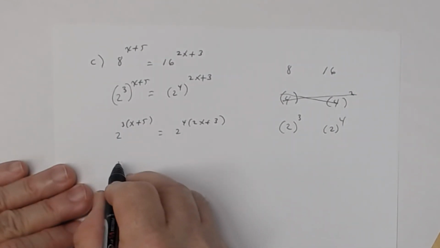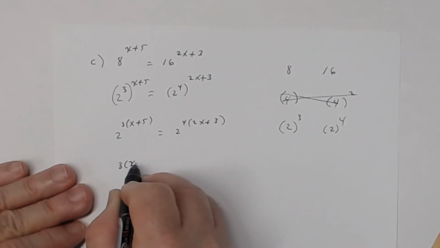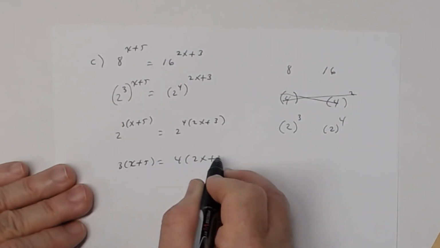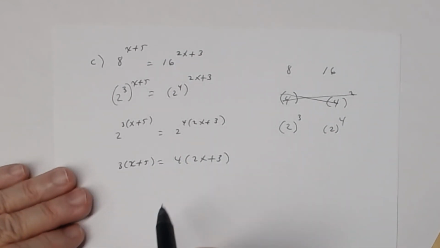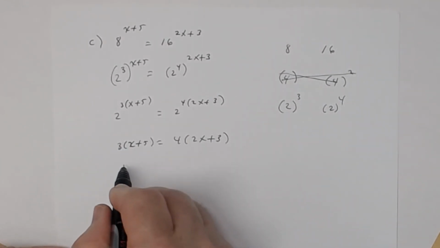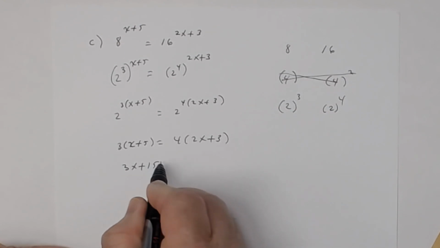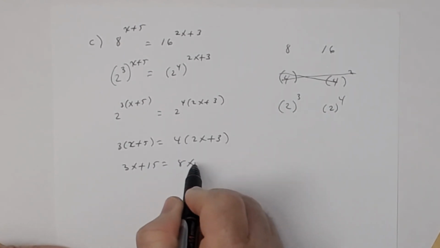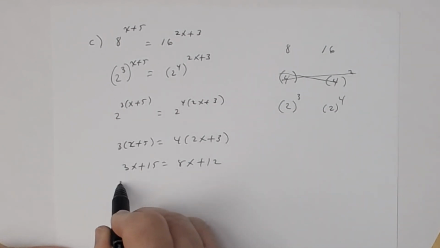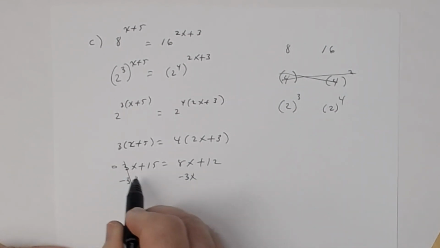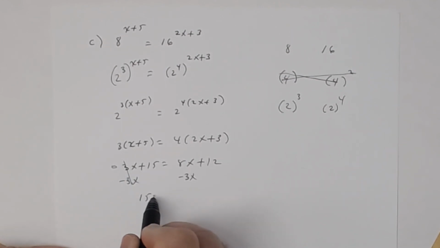So we're going to say 3 times x plus 5 must equal 4 times 2x plus 3. And then we're going to solve this linear equation. So I'm going to use the distributive property. So I get 3x plus 15 equals 8x plus 12. And then let's go ahead and subtract 3x on both sides. 3x minus 3x is 0, and 0 plus 15 is 15.